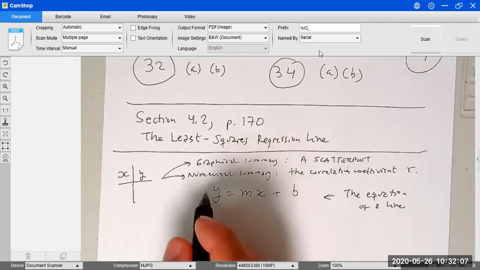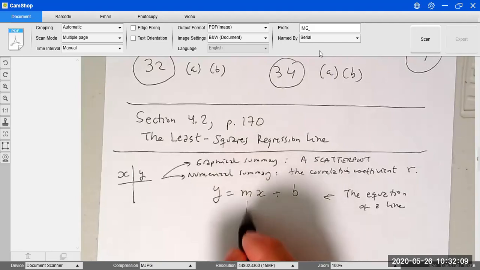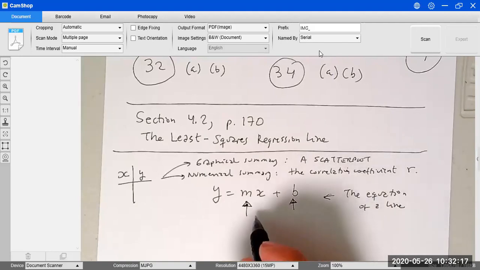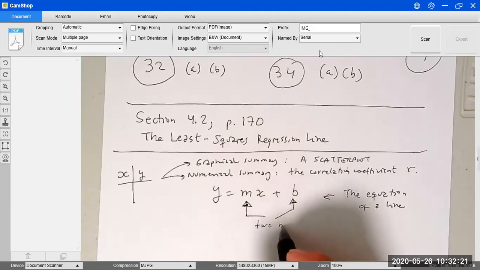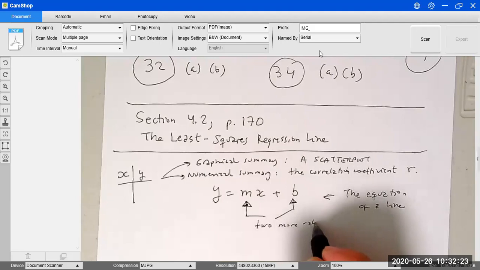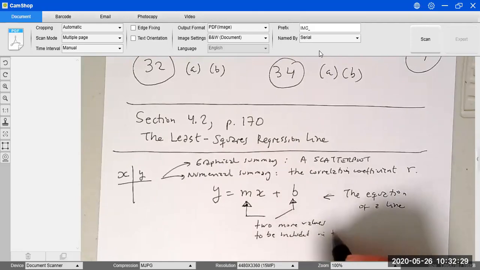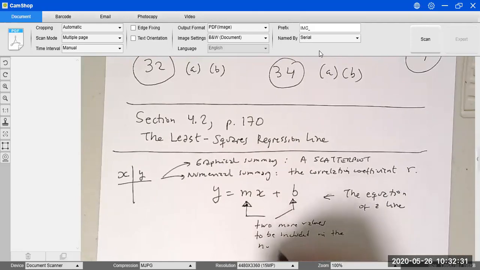And there are more numerical values that we're going to use to describe that data set. So these are two more values to be included in the numerical summary.